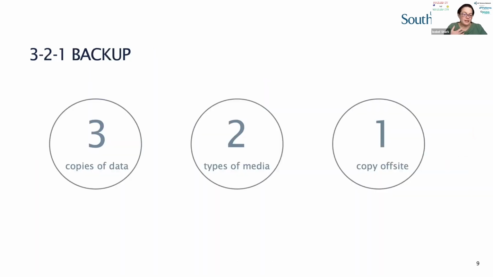So for electronic data, the simple rule is 3-2-1. Have 3 copies of the data spread over 2 types of media, 1 copy of which should be off-site. Now, if you're lucky enough to get space on your university central servers, your university file store, that is almost certainly what they are working to.